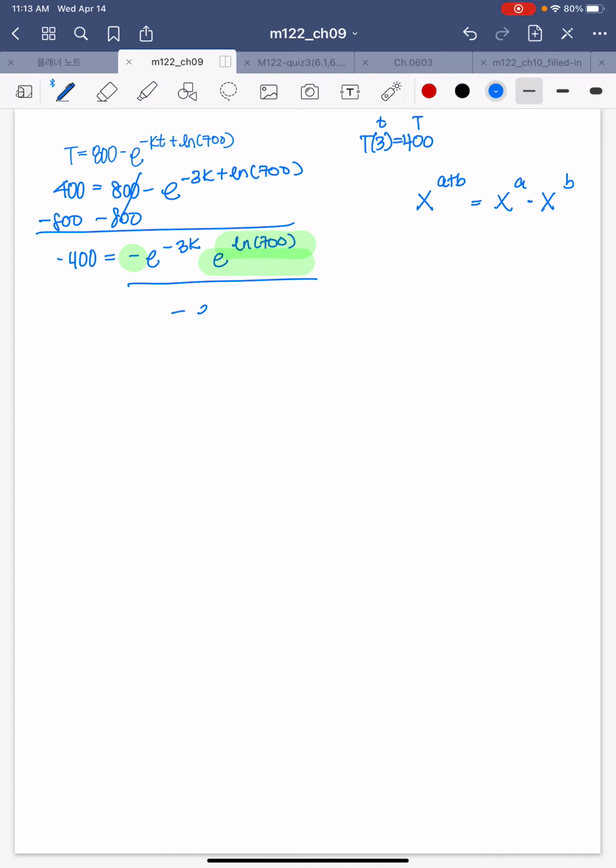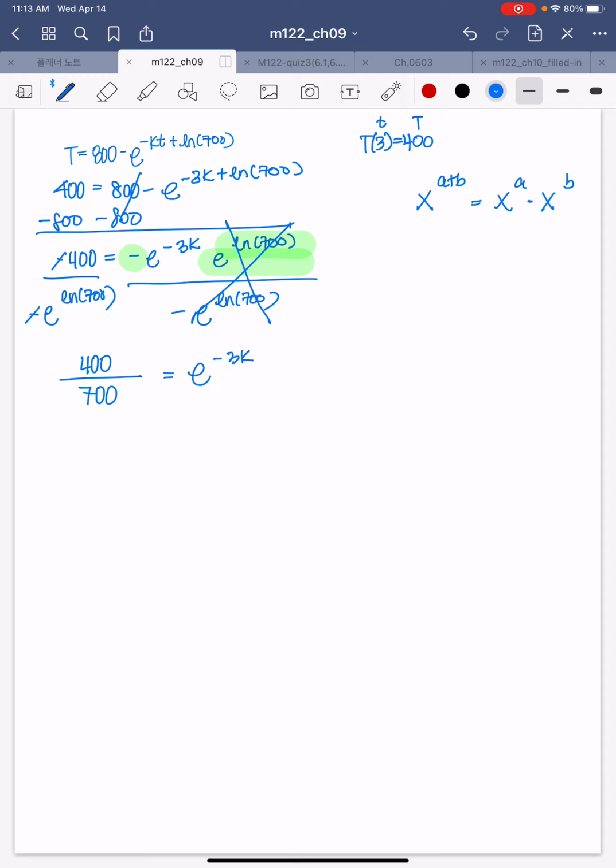So negative e raised to the ln 700. So all these negatives disappear. So 400 over e raised to ln 700, that will be just 700, equals e to the negative 3k.